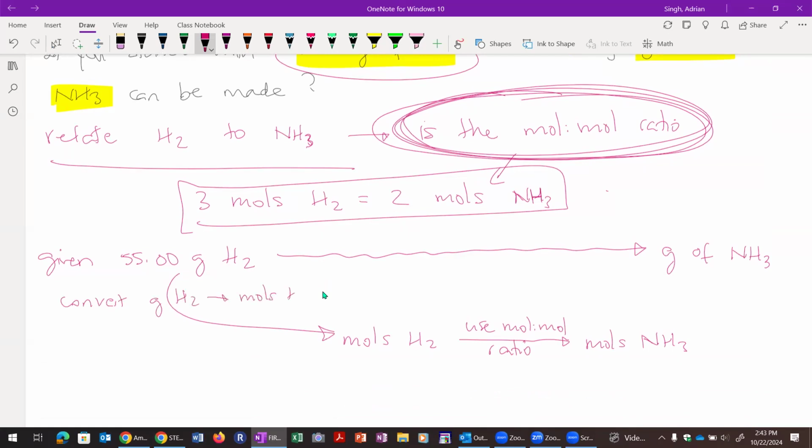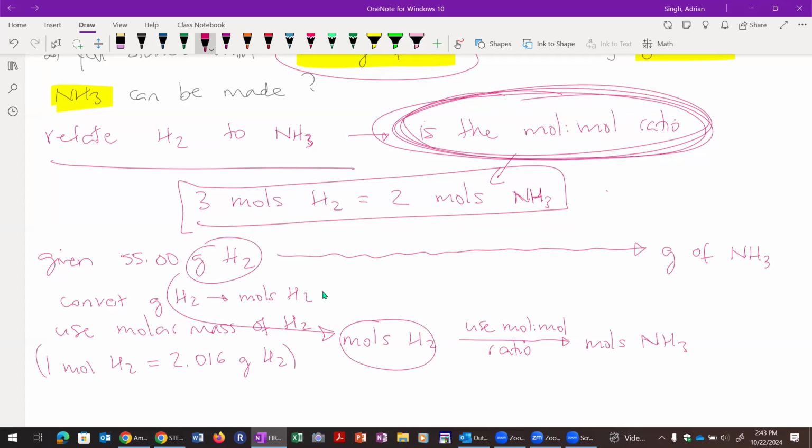To get from grams to moles, as we know now, we're going to use the molar mass of H2. For the molar mass of H2, we have 2 hydrogens. So every 1 mole of H2, look up hydrogen on the periodic table, it's 1.008. So 2 of that will be 2.016 grams of H2. That will allow us to get from grams into moles.